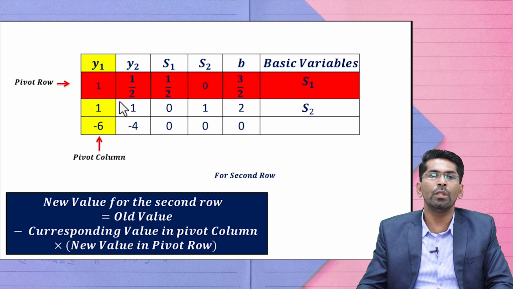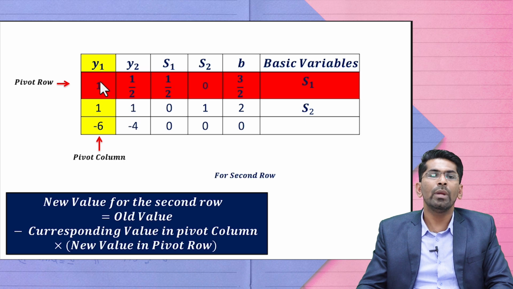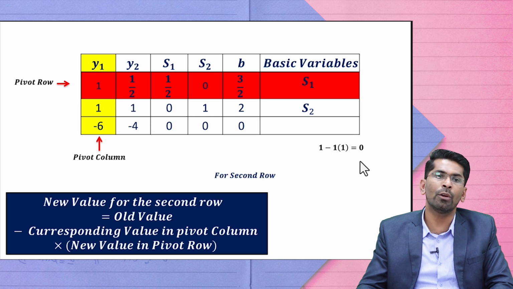What is the new value in the pivot row here? It is equal to 1. So here it will become 1 minus 1 into 1, which is equal to 0.